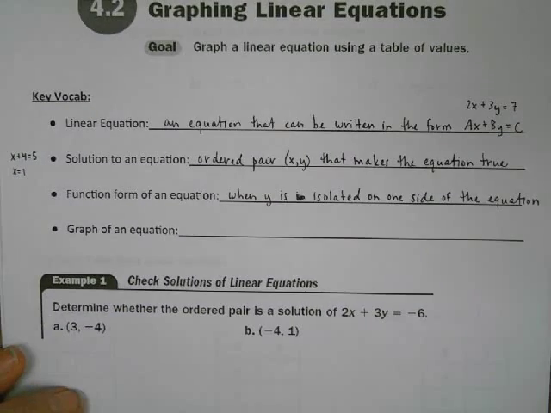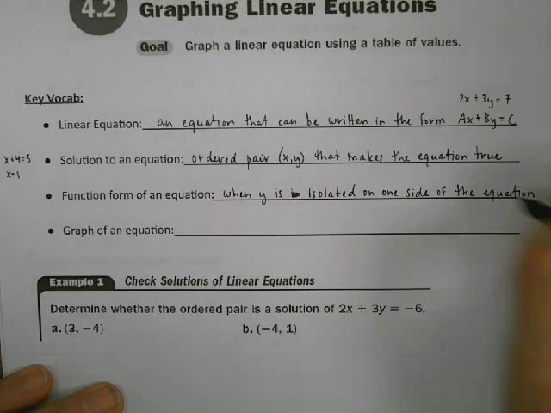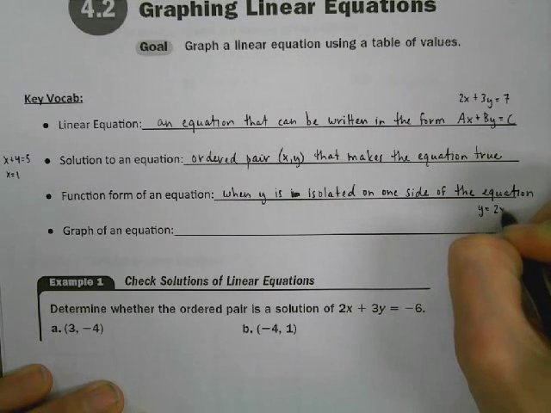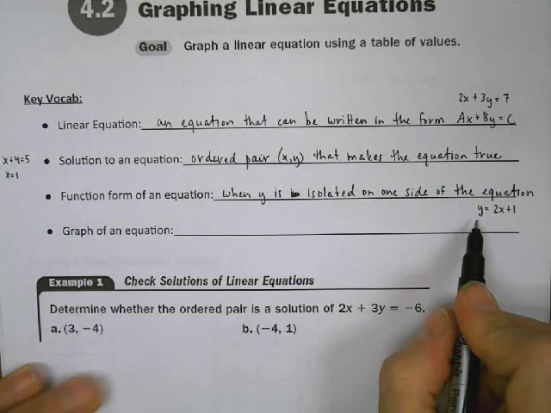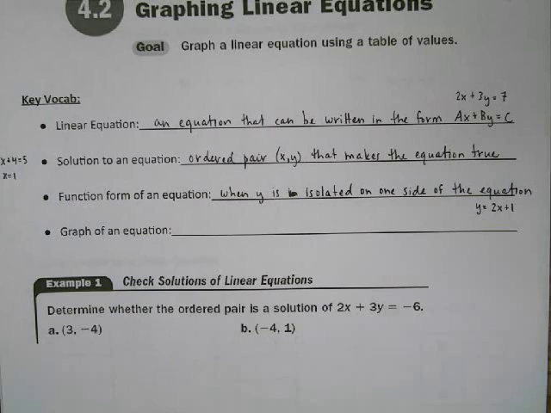The form of a linear equation I gave you here would not be function form, because I have x and y on the same side of the equal sign. Something in function form might look like this: y equals 2x plus 1, because what we have is y all by itself on that left-hand side.